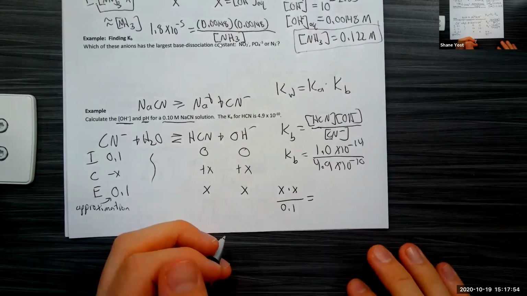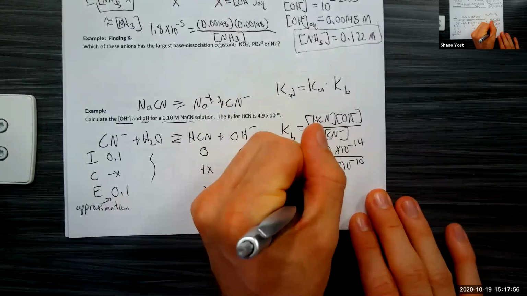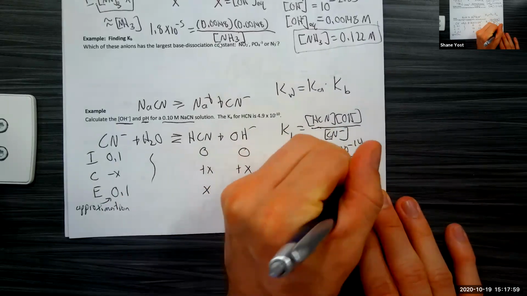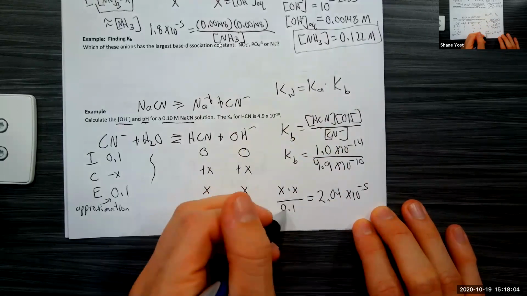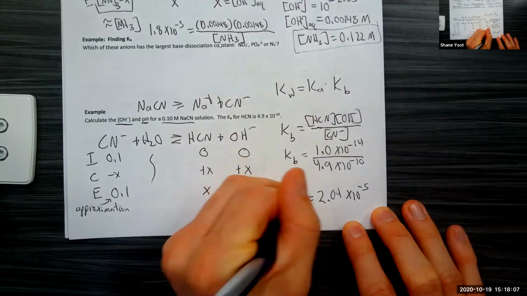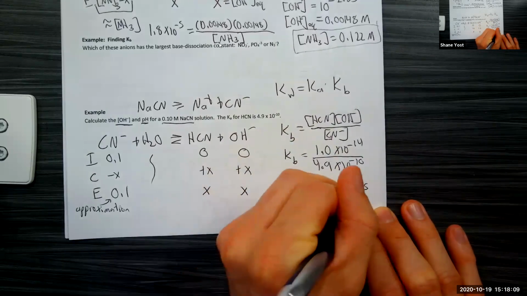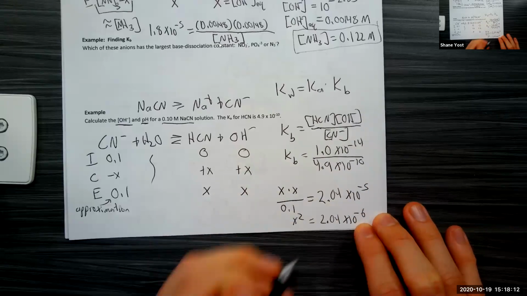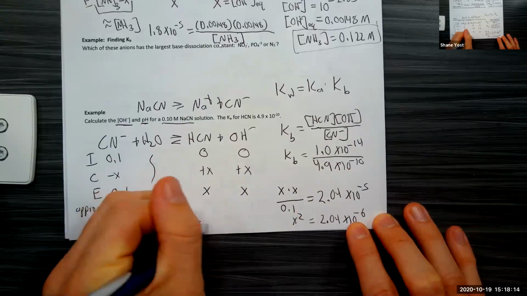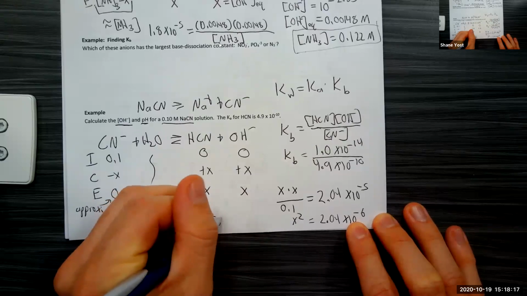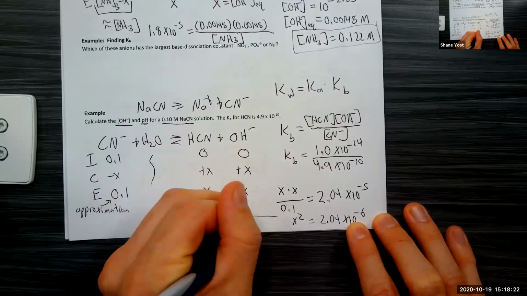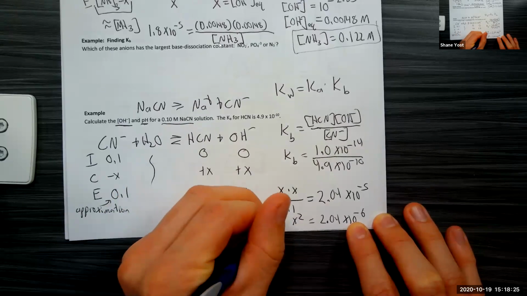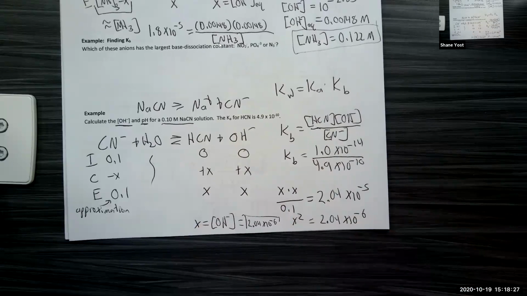That is equal to 2.04 times 10 to the minus 5. Then I multiply by 0.1 to get X squared equals 2.04 times 10 to the minus 6. Take the square root of both sides to solve for X, which is the concentration of OH minus.